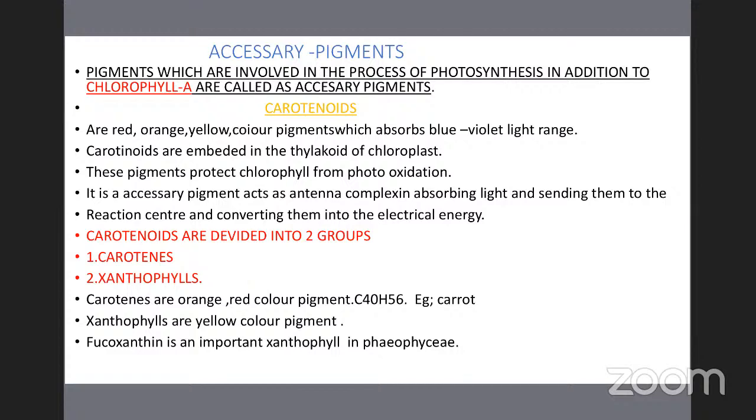Then first of all, look at the carotenoids. What are these, and what color are they? Carotenoids are red, orange, yellow pigments which absorb blue and violet wavelength light.